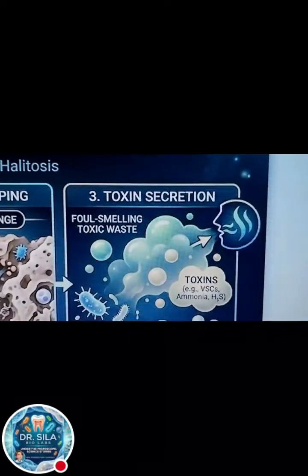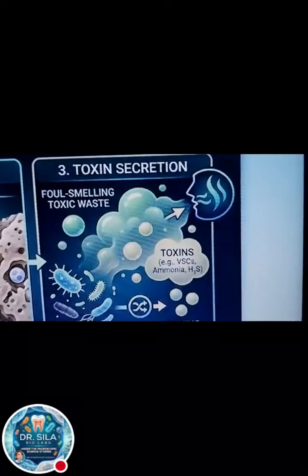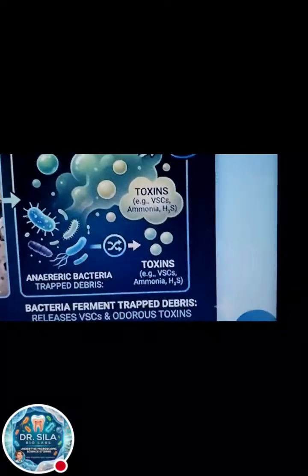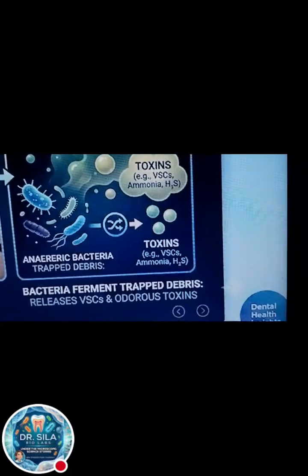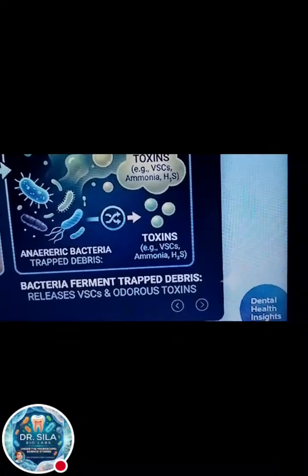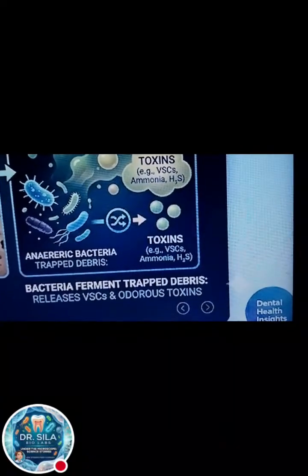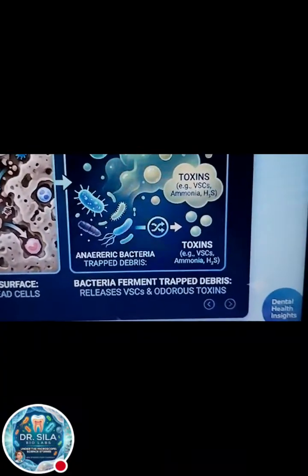Then the toxin secretion, that is the foul smell that comes from your mouth. Bacteria ferment the trapped debris and release toxins. That leads to bad breath.